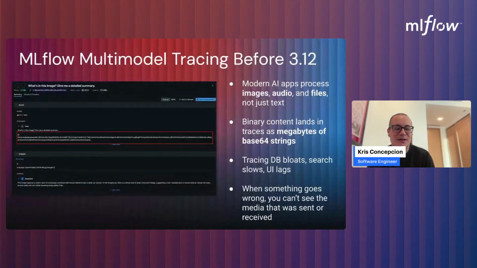Great. So before 3.12, debugging a multimodal AI app in MLflow looked kind of like this. You'd click on a trace, and you'd open the span. This span would be for a vision model, and you would be greeted by a truncated 50,000 character base64 string in your input panel, which is what the underlying representation of the image looks like, but is not terribly helpful to you, the end user, in figuring out what was going on in this particular span.